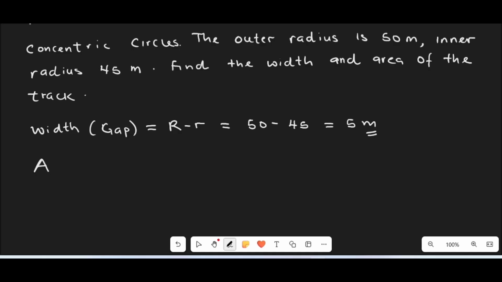A equal to pi bracket capital R squared minus small r squared. Our capital R is 50. Our small r is 45. A equal to pi bracket 50 squared minus 45 squared.